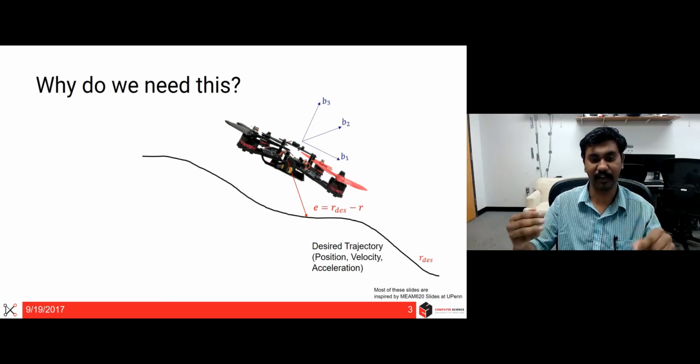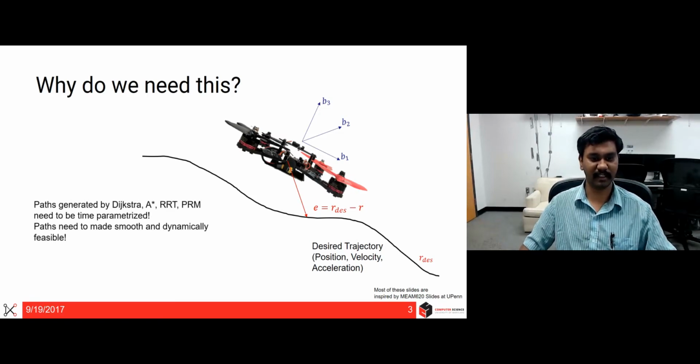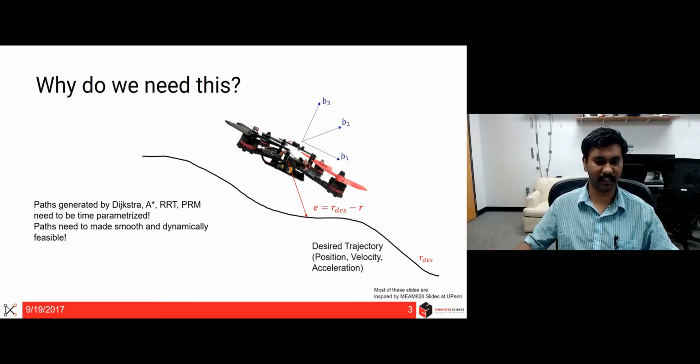In this phase, we will be generating these values from a path obtained from a Dijkstra or an A star algorithm. So of course, the path generated by Dijkstra, A star, RRT, PRM need to be time parameterized, which is what is called trajectory planning, and they need to be made smooth and dynamically feasible.